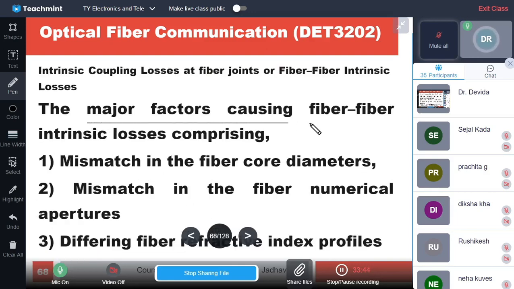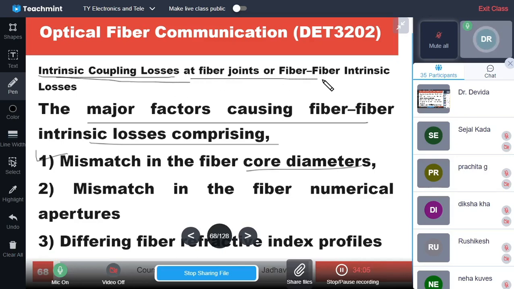The major factor causing fiber intrinsic loss is mismatch in fiber core diameter. Okay, so after the coupler we are going to the intrinsic coupling losses at fiber joints, or fiber intrinsic losses.